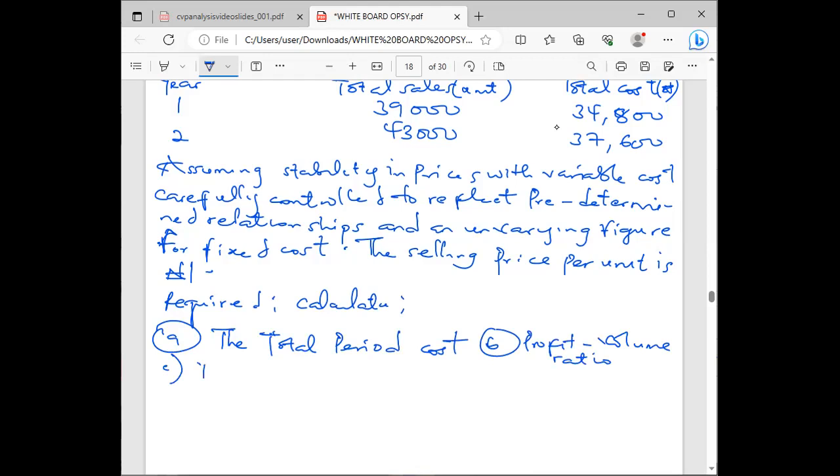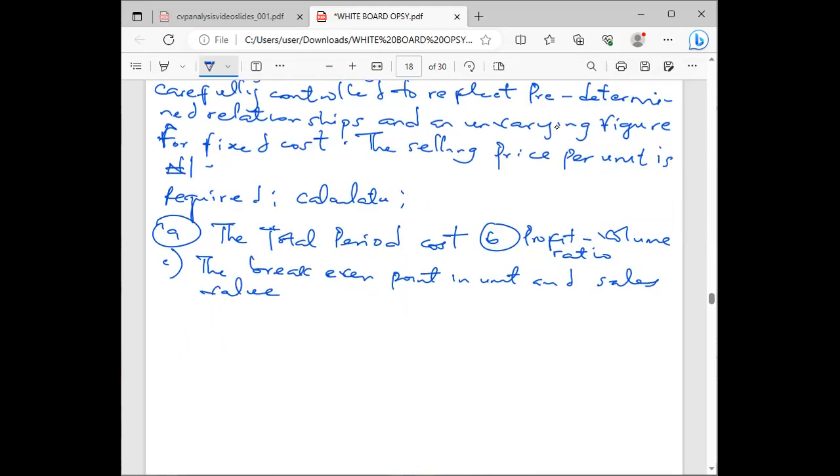C, the break even point in units and sales value. D, margin of safety for year 1 and 2.